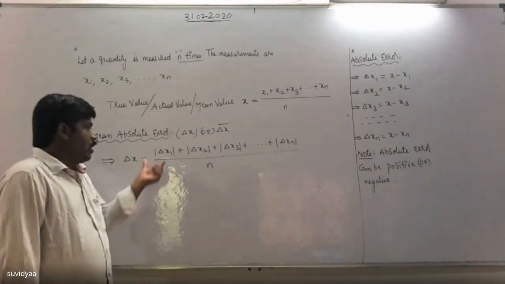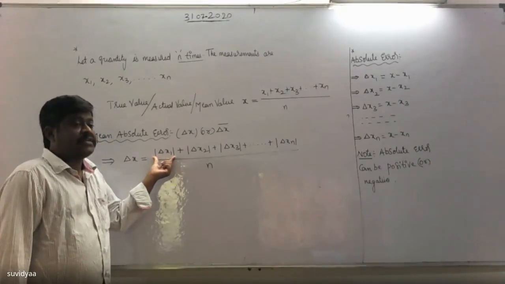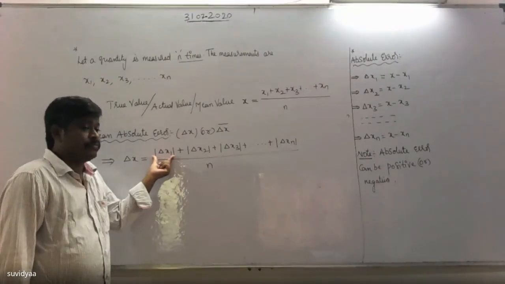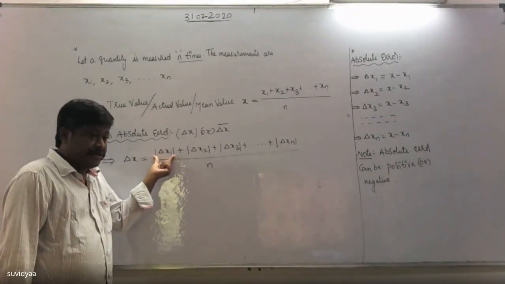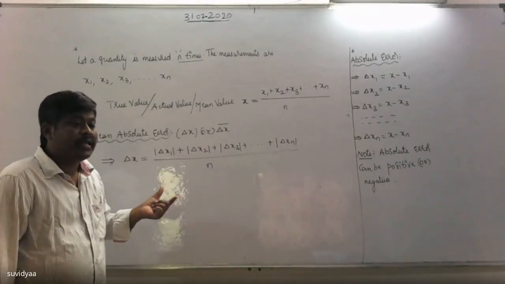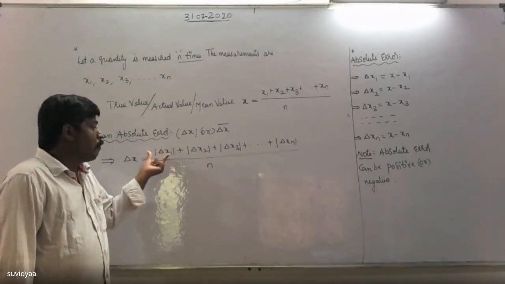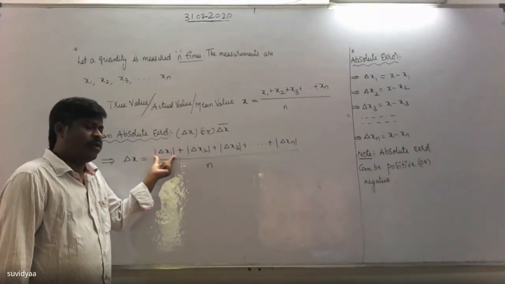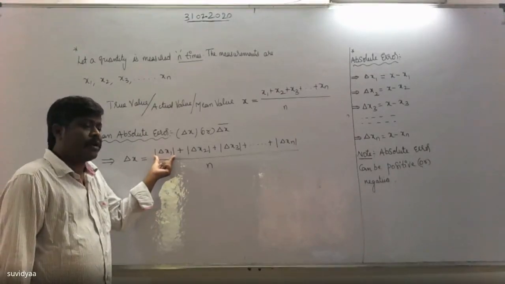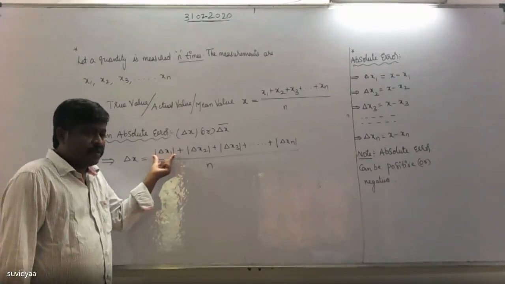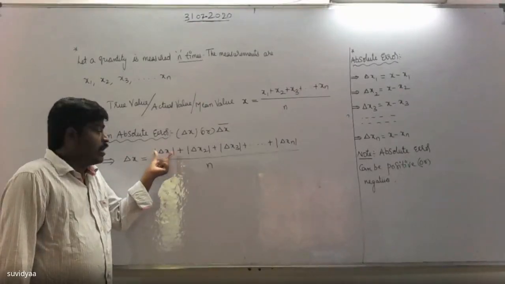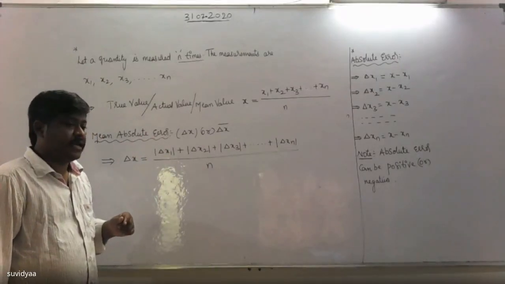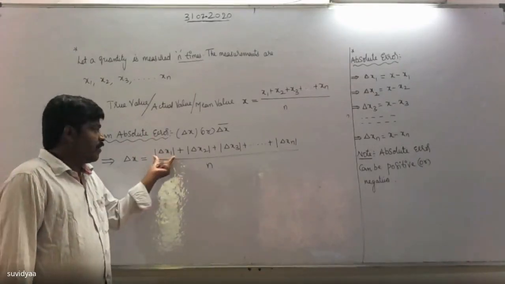Now, listen carefully. We kept magnitude. What is the meaning of magnitude? This is called magnitude. Some people speak it as mod. You can speak it as magnitude or as mod. Whenever you keep magnitude, even though this value is negative, it will be positive only.